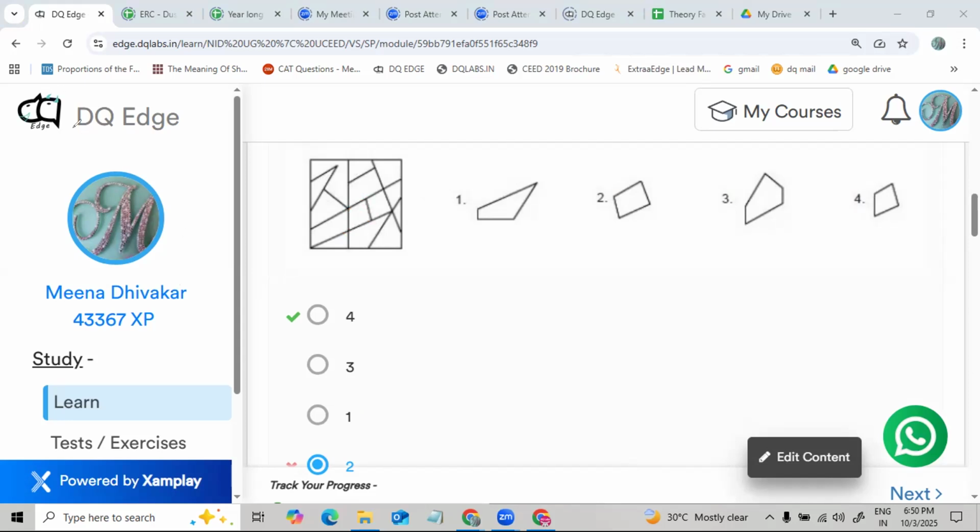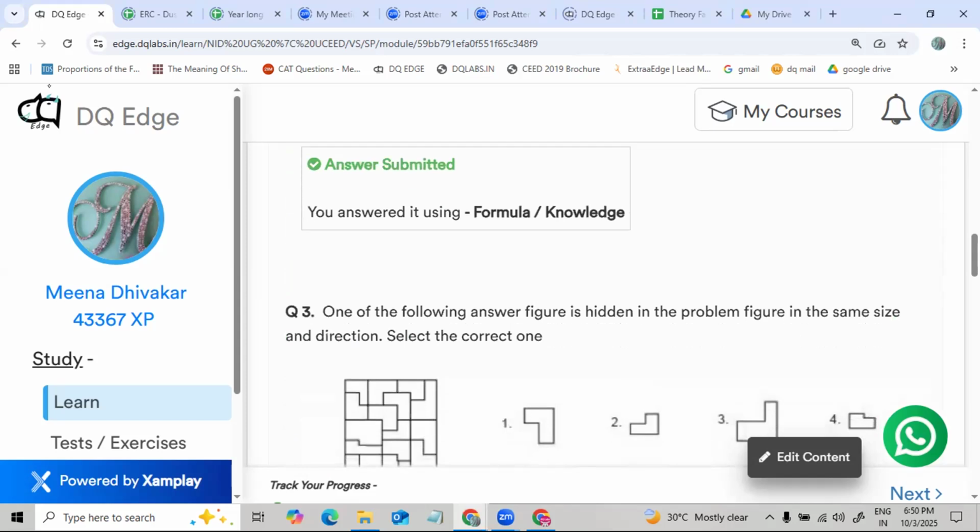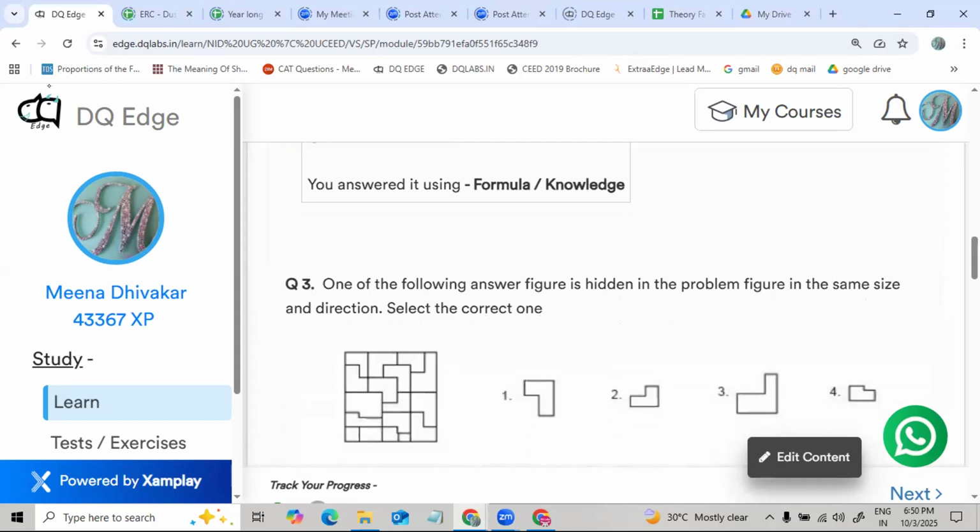Coming to the next question. Can you see this and tell me which one is the correct one? Option 2, right in the middle. What about option 1?